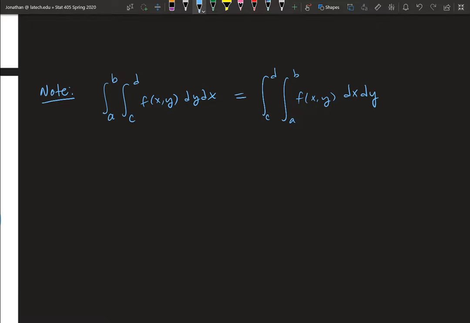So this is if integrating over a rectangle, if the region of integration is a rectangle.